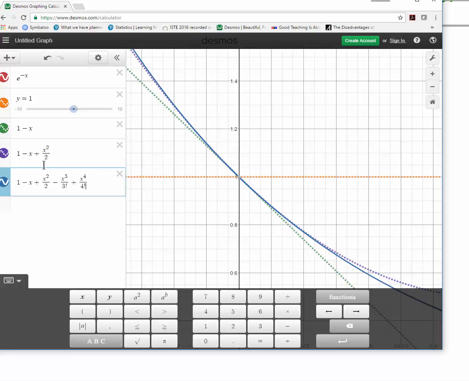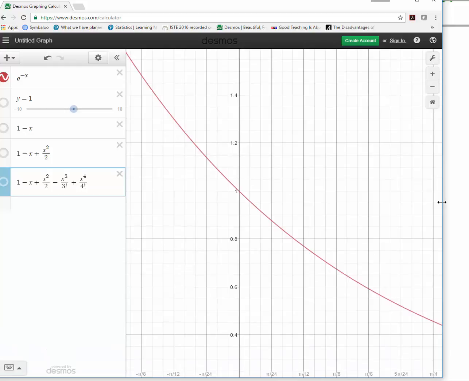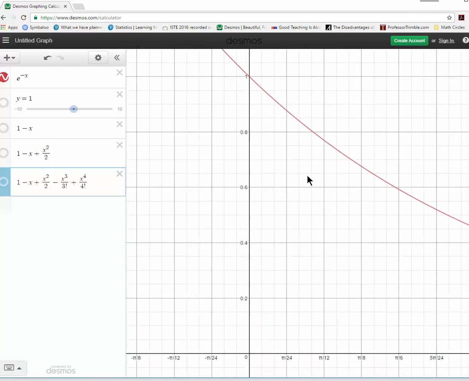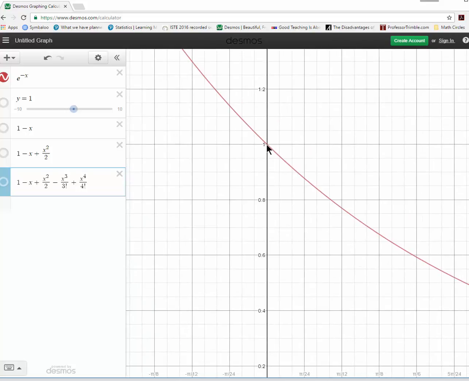Okay, so what we have then, I'm going to get rid of all these smaller degree polynomials. And we can't really tell, but there's the red line under here. Again, the graph for the red line is e to the negative x, and we want to do the best job that we can of approximating this at x equals 0. And so if x equals 0, we know we're up here at y equals 1.